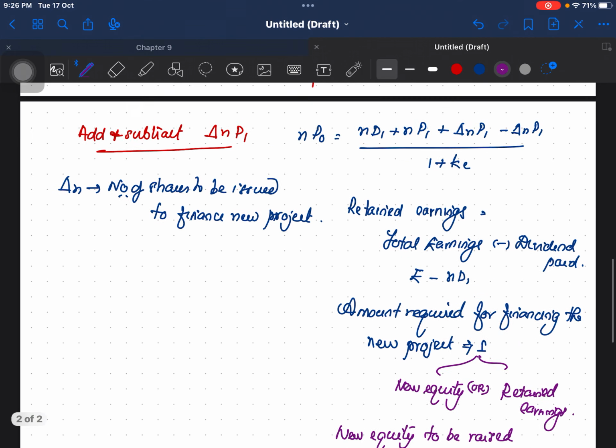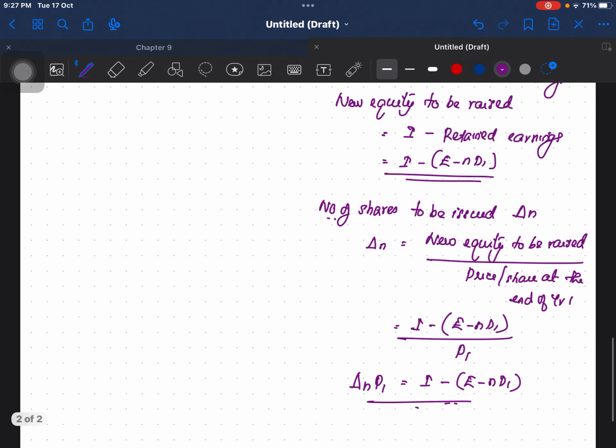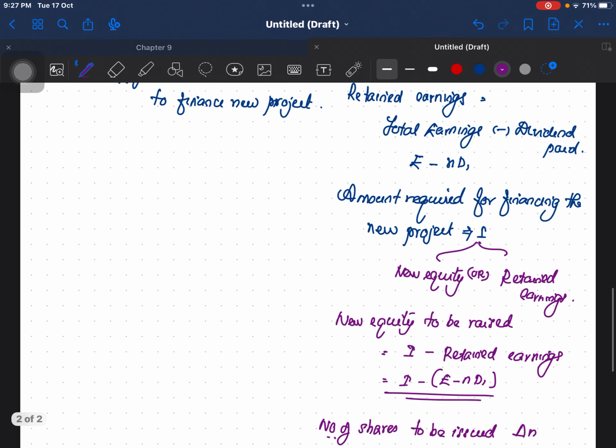Now this formula has delta n P1, and we have a formula for it, so substitute that.